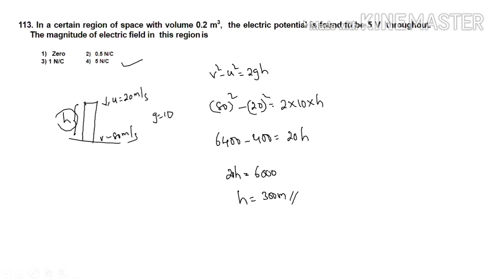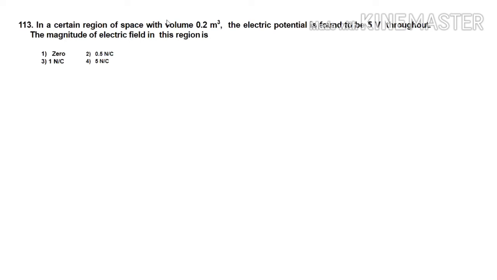Okay. Now see the next question. In a certain region of space with volume 0.2 meter cube, the electric potential is found to be 5 volt. So that means in this particular volume, the potential is given as 5 volt.